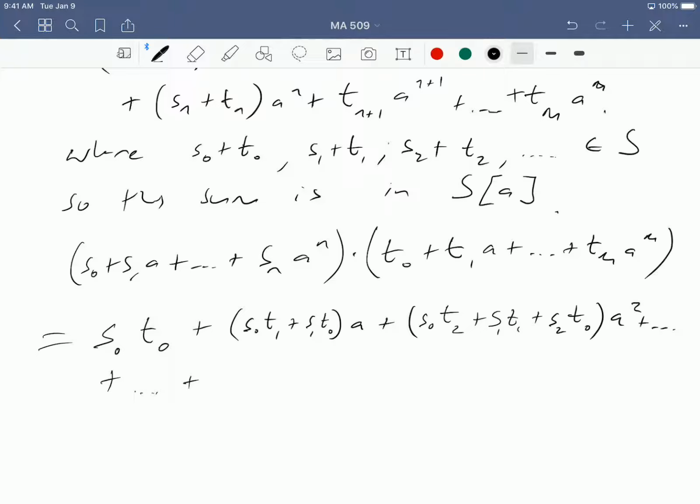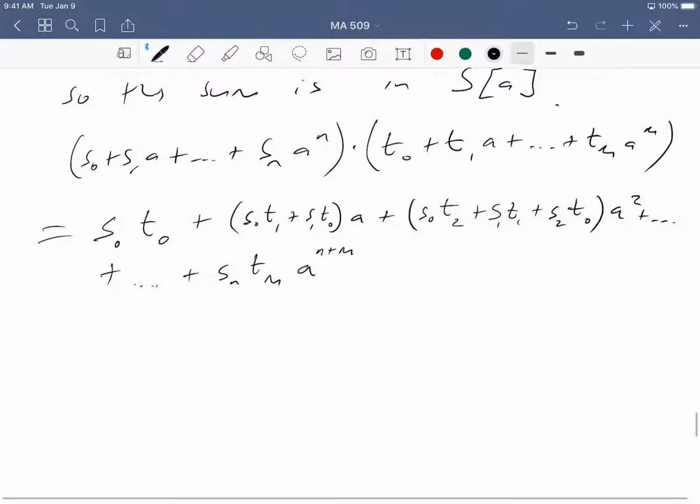They get messier and messier as you go along. They get to be longer and longer expressions all the way till the end, where you have an Sn Tm, a to the n times a to the m gives me an a to the n plus m. Okay, so that's my whole product, and I skipped over the messy parts, but that's okay.